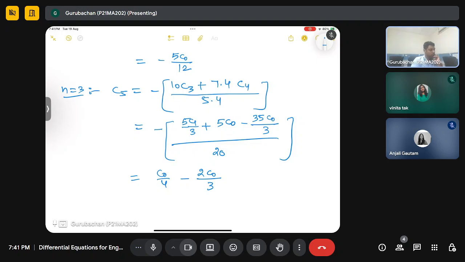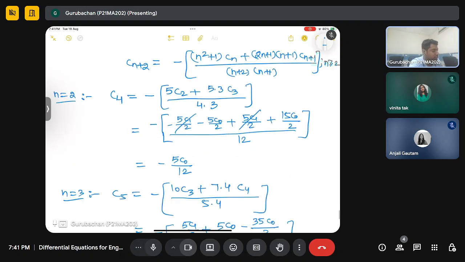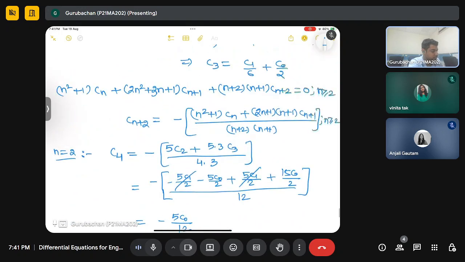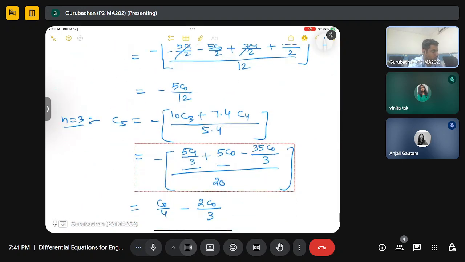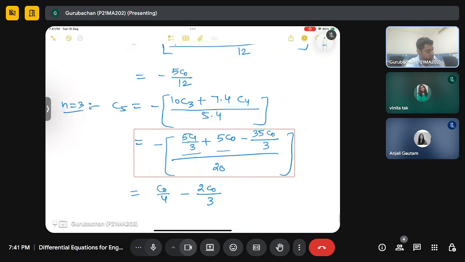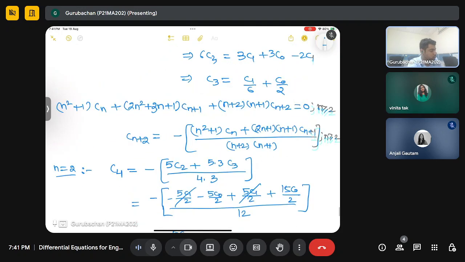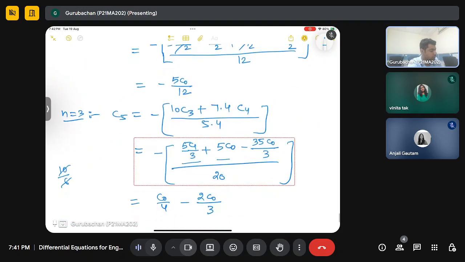So from here we were looking for this 5 times C1. Let me recheck it. Sorry. So C3 is C1 by 6 plus C0 by 2. So C1 by 6, that means 10 by 6, so it will be 5 by 3 C1, and plus C0 by 2, that is 5 C0.